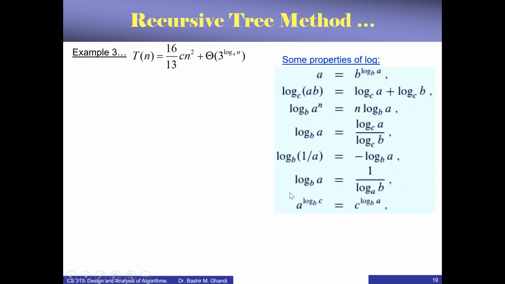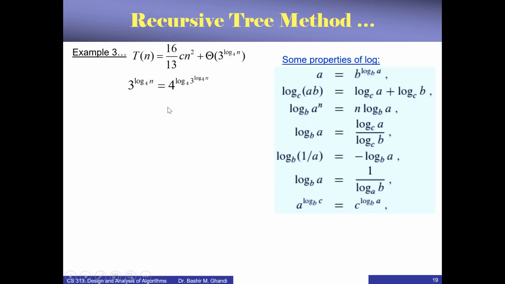There's also another term here which will be helpful later. I posted a document in Blackboard showing you some of these logarithmic features, which you should all know from your basic maths. So let's see what we can do based on this to simplify this term.